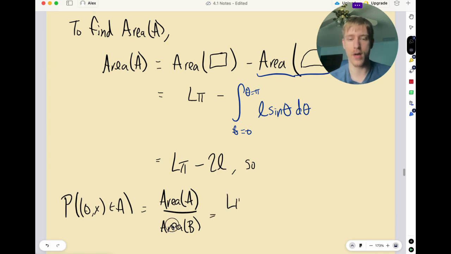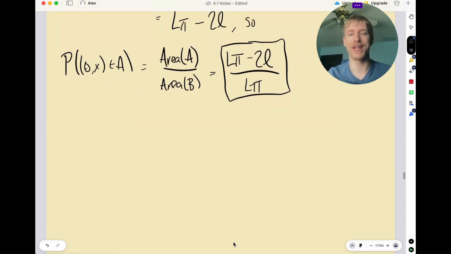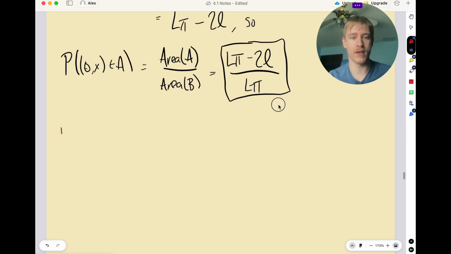So this is going to be L pi minus 2L divided by the total region, which was L pi. It's bivariate continuous uniforms. We have that same idea. Okay. Now, a couple of remarks that I would like to make about this one, because this is where things get a little juicy. Okay, so remarks.